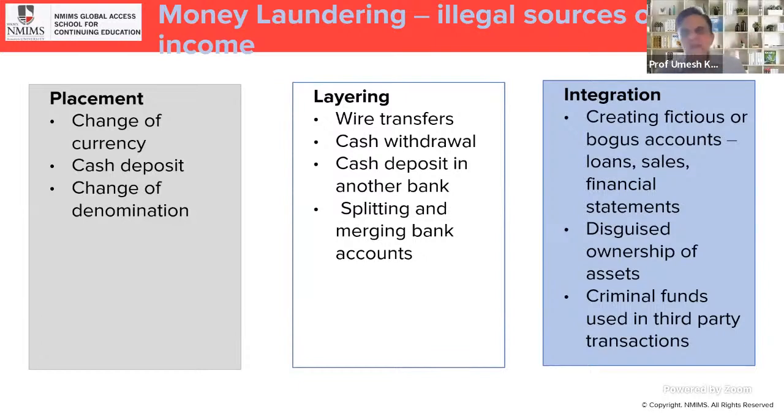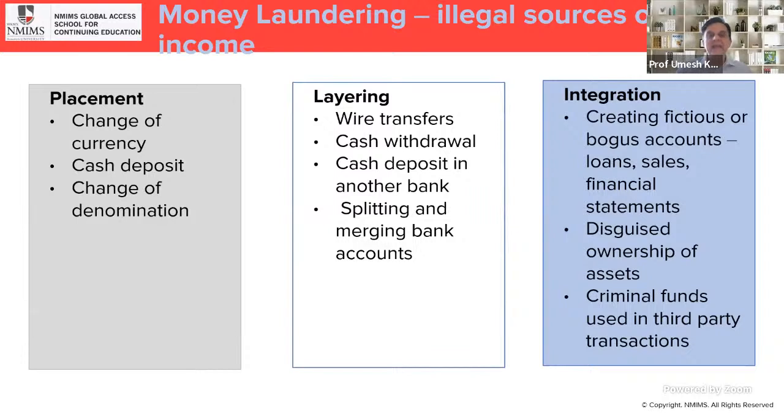So there are three broad areas or sources of money laundering: placement, layering, and integration. Placement is things like a change of currency, the Indian rupee moving out through the dollar or vice versa, or any other currency. There are huge cash deposits made into your same bank, into your account, and a change of denominations that you've requested.